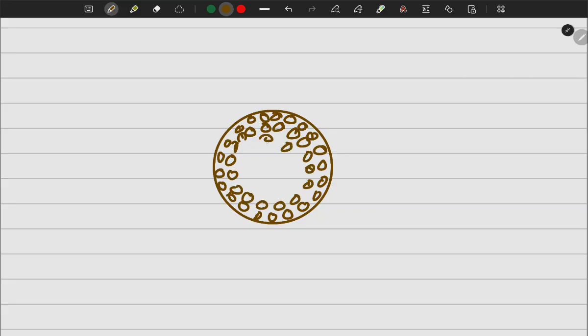Like this. These are actually a cluster of flowers, and it is disc shaped, hence it is called disc florets.